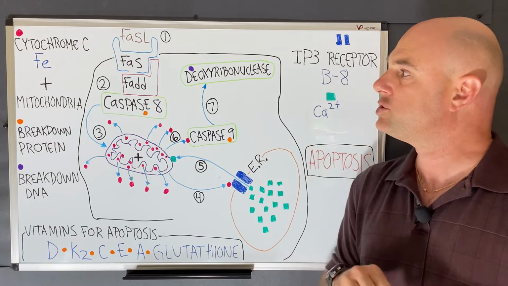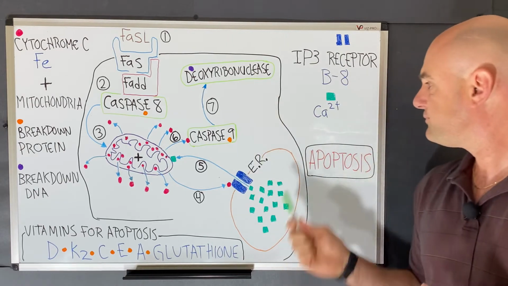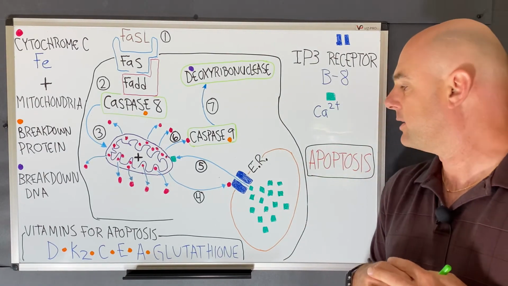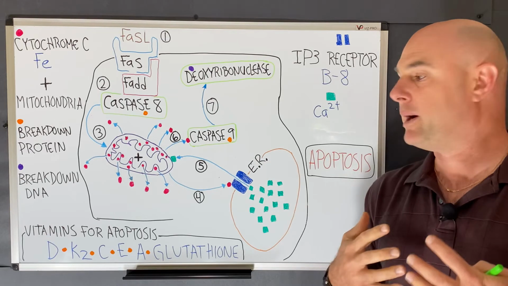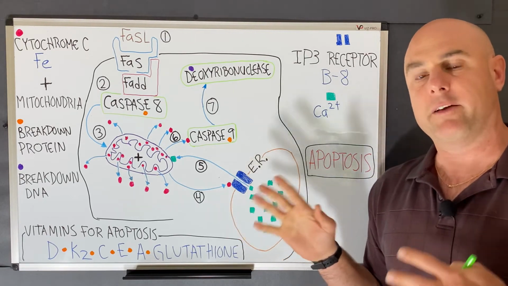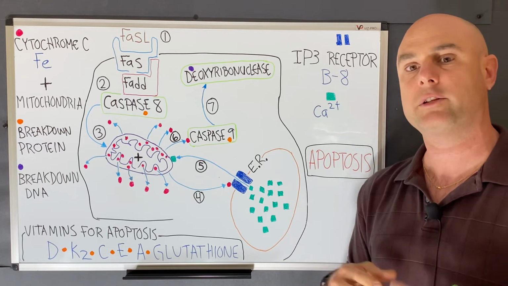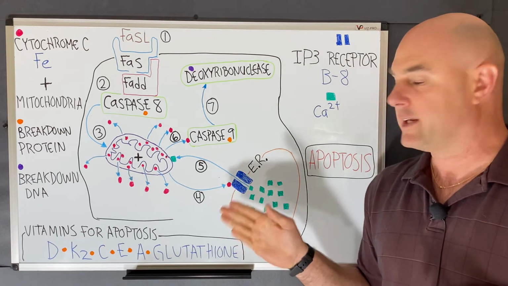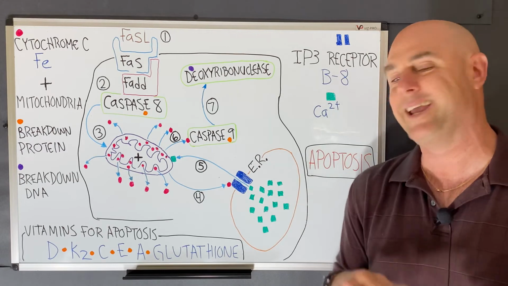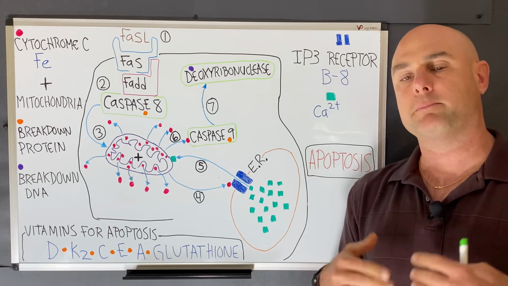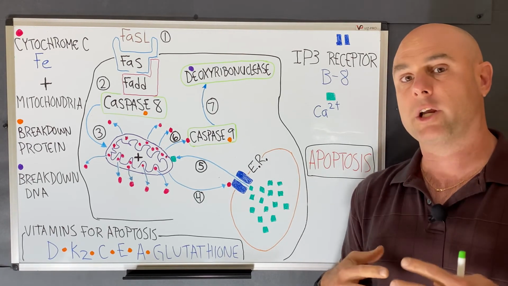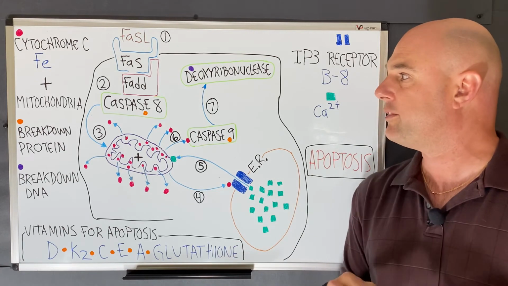And I wanted to illustrate how we use iron and calcium in the process. Now, this is, again, apoptosis. And I just did a very basic search for other vitamins that are essential to this process. Vitamin D, K2, vitamin C, E, and A had all come up in multiple search criteria, as well as glutathione.